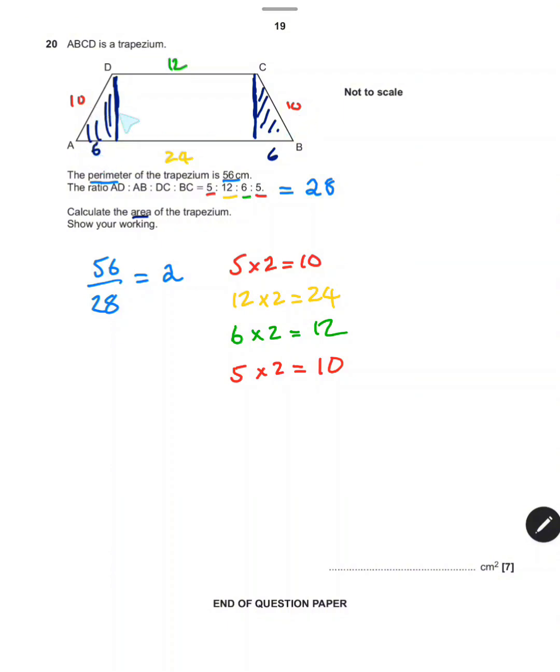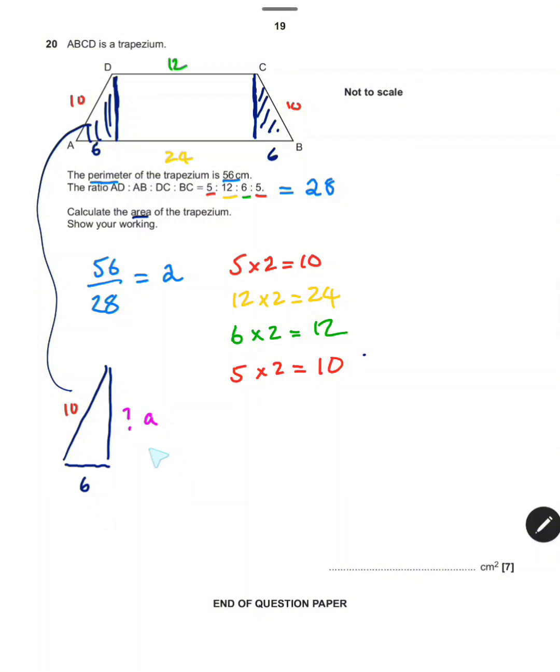It's only because these side lengths are the same that I'm allowed to do that. What I'm going to do now is look at just this triangle on its own. We know that that measurement is 6. This is 10. And what we don't know is the height of the triangle.